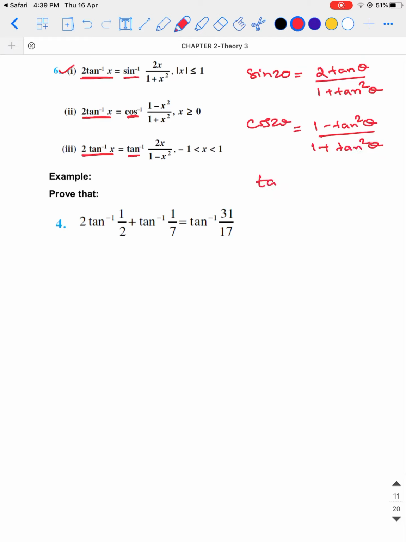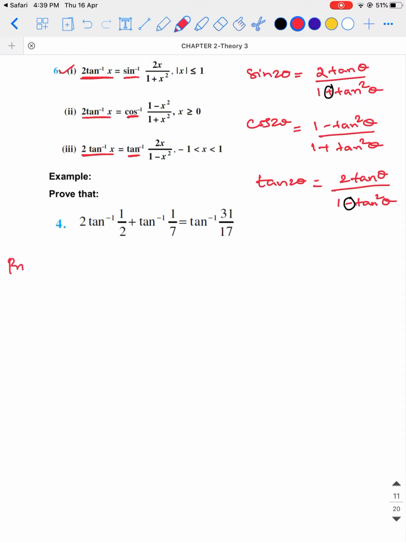And similarly, tan 2 theta is equal to 2 tan theta divided by 1 minus tan square theta. There is a very minute difference: observe that sine 2 theta and tan 2 theta are very close to each other, except that for sine 2 theta the denominator is plus, whereas for tan 2 theta the denominator is minus. We are going to use these formulae to prove the above properties.